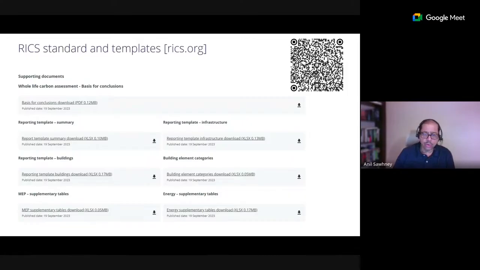You can also download the building element categories across which you need to report emissions. It will be a simple table that shows you substructure, structure, services, and so on. So that elemental breakdown is also available. Lots and lots of resources are available for free, which you can download and use.